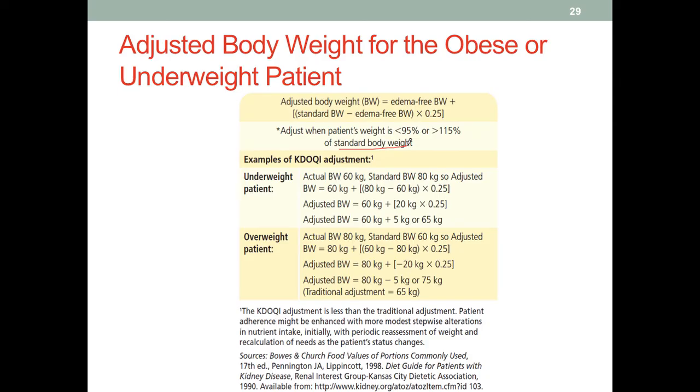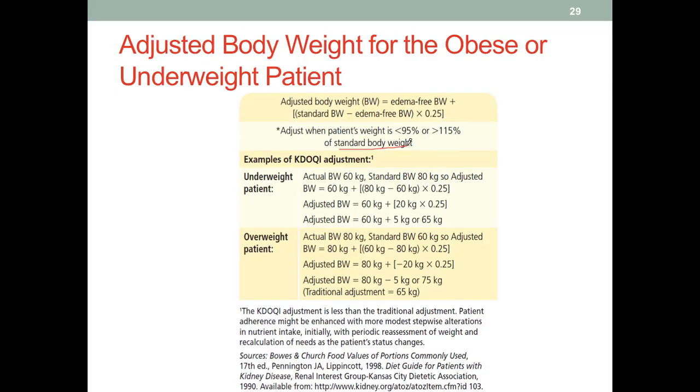So if a CKD patient told us that in a short amount of time, they've gained a significant amount of body weight, then that gained weight is usually fluid. So we would want to subtract that gained weight from their current weight. And that would be another way to estimate their dry weight.